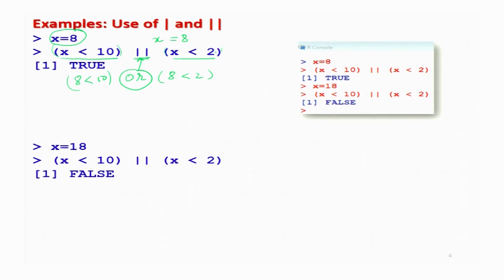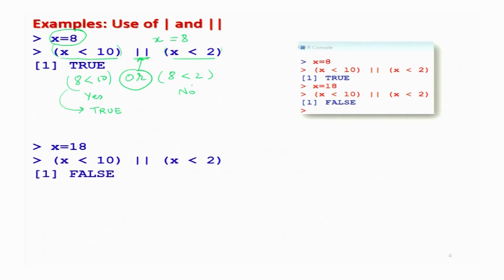Now, let us first understand what happens. Do you think that 8 is smaller than 10? Answer is yes. Do you think that 8 is smaller than 2? Answer is no. So, when I say 8 is less than 10, this statement is true.